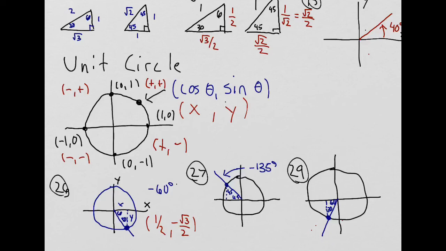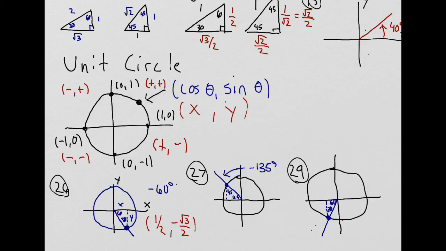So I'm going to be dealing with a 45, 45, 90 triangle. Those are easy. It's hard to make a mistake here because your answer for your cosine and sine is always going to be square root of 2/2.